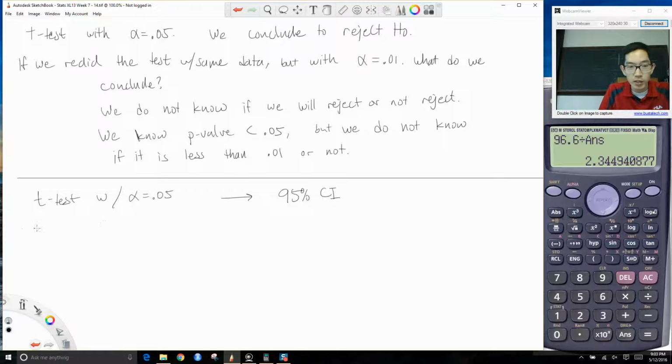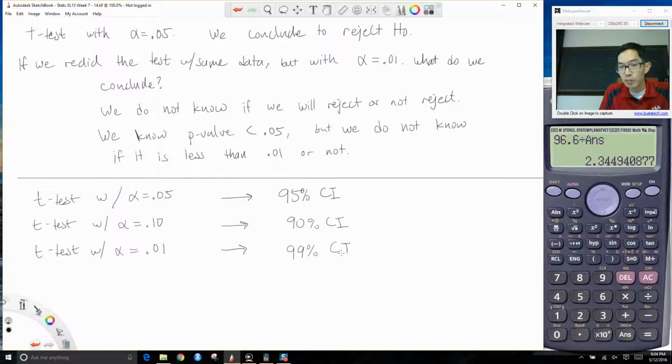And a t-test with alpha equal to 10% would correspond to a 90% confidence interval. And a t-test with alpha equal to 1% would correspond to what? 99% confidence interval.